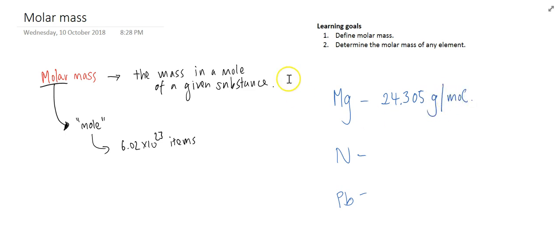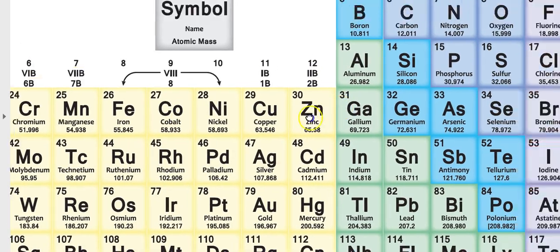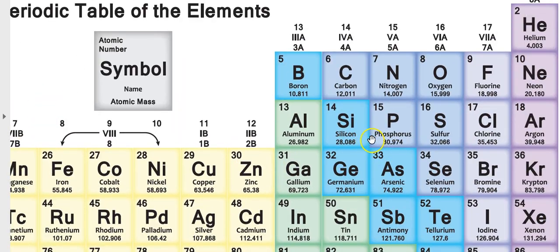Which makes sense, because if molar mass is the mass of a given substance if you had a mole of it, then the unit should be grams per mole, or grams in a mole. Okay, so you would have 24.305 grams in a mole of magnesium. Nitrogen, you would determine the molar mass similarly.